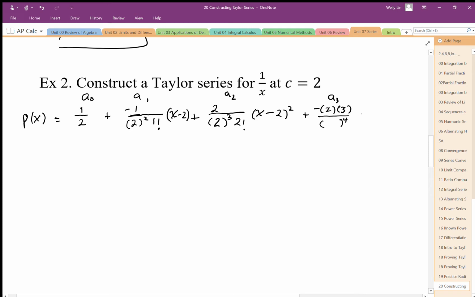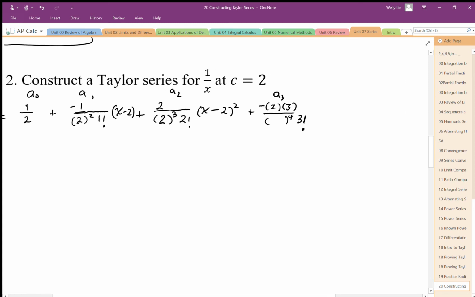I make sure that I put my factorial down there. So there's my an term, and then I'm going to have my power series centered at 2 plus. Oops, and I need to evaluate that derivative at the center x equals 2.